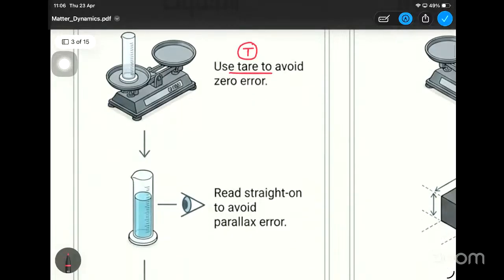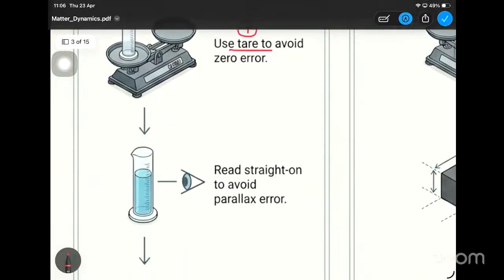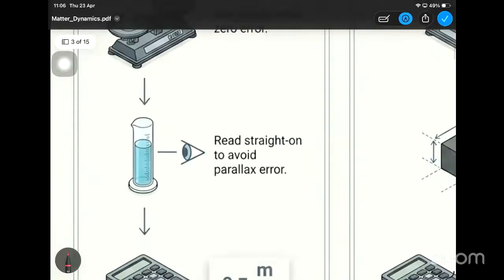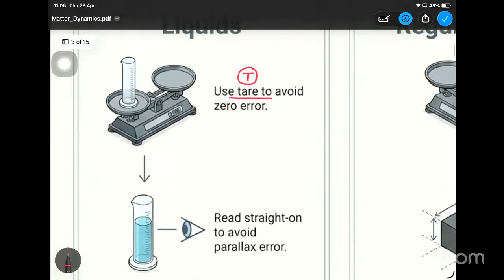Once it becomes zero, you can pour the liquid into the measuring cylinder, and it will give you the direct mass of the liquid volume.